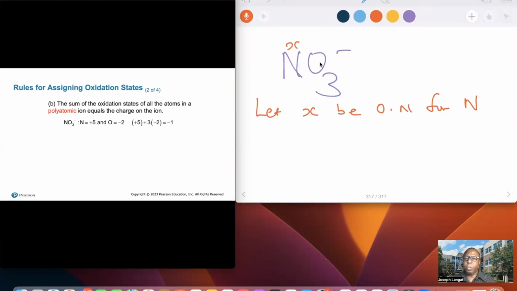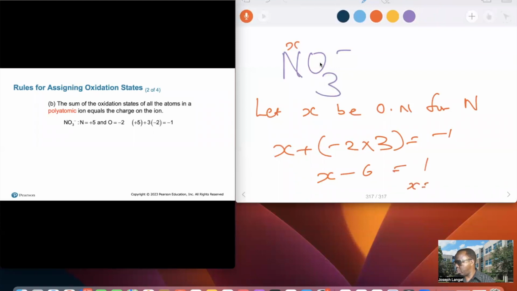Since I already know oxygen, this will be X plus negative 2 times 3 equals negative 1. So X minus 6 equals negative 1, which means X equals 6 minus 1, which is plus 5. You see how you end up with that?